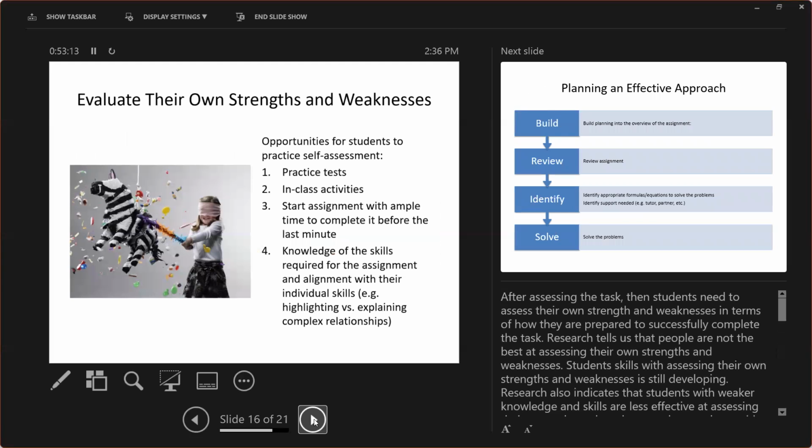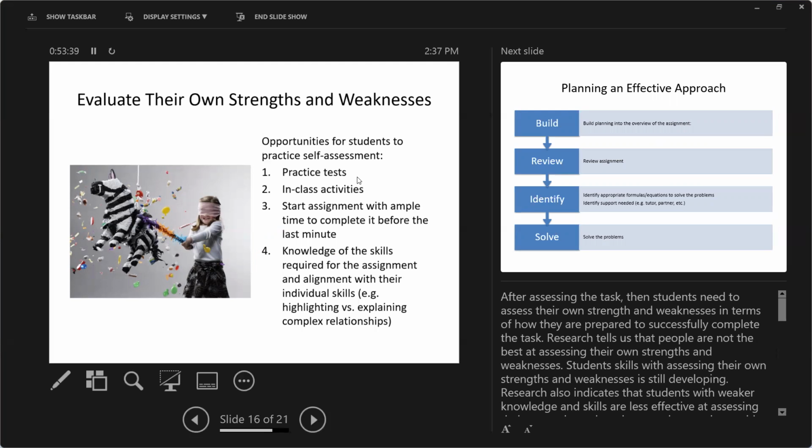And then the next phase of that self-directed cycle is that they need to evaluate their own strengths and weaknesses. And research has shown that people aren't that good at assessing their own strengths and weaknesses in terms of how they'll perform on a certain task.